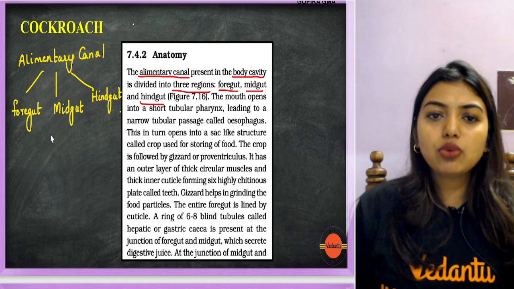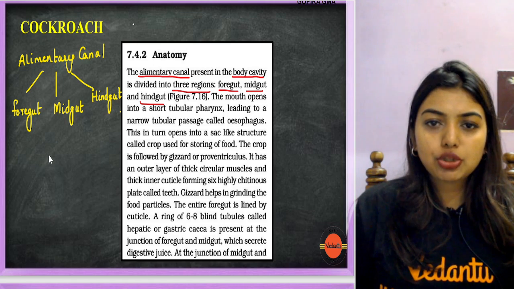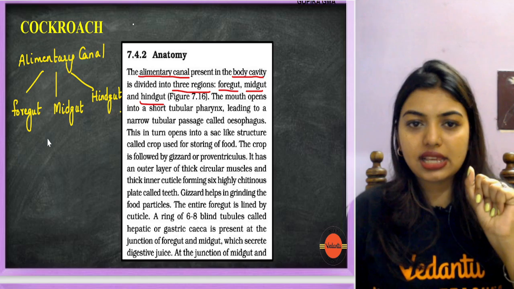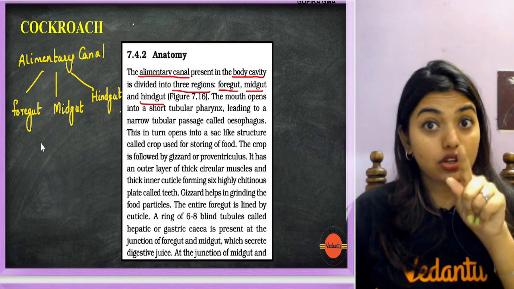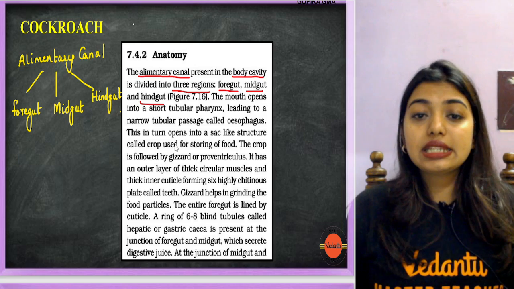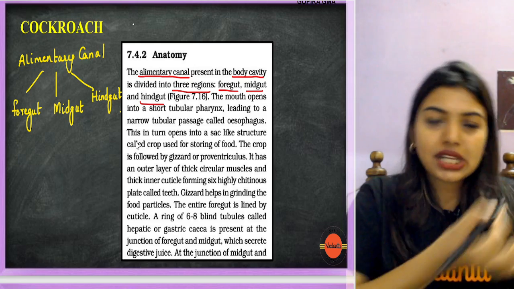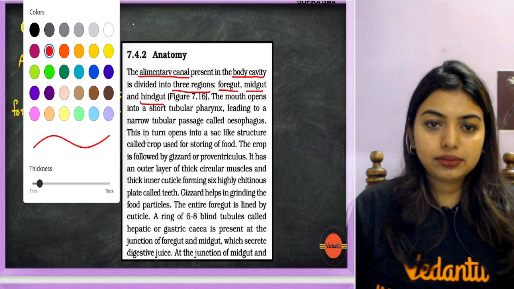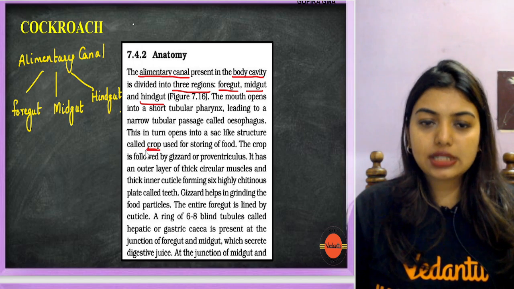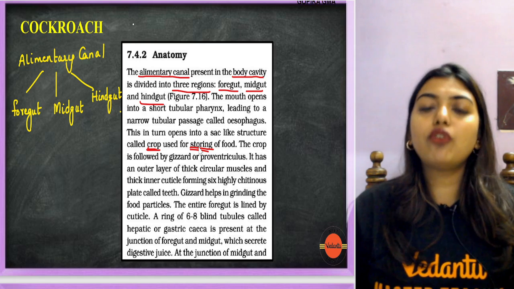Now the mouth opens, very carefully listen, the mouth opens into a short tubular pharynx leading to a narrow tubular passage called esophagus. This in turn opens into a sac-like structure. In place of a stomach, here they have the crop, a sac-like structure used for storing of food.